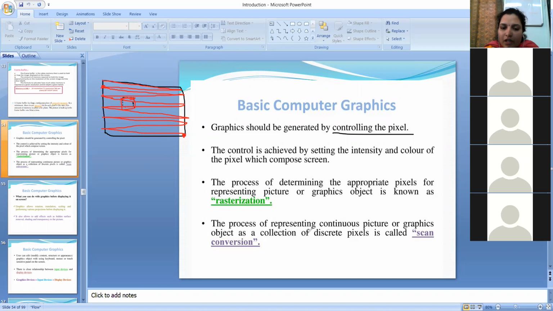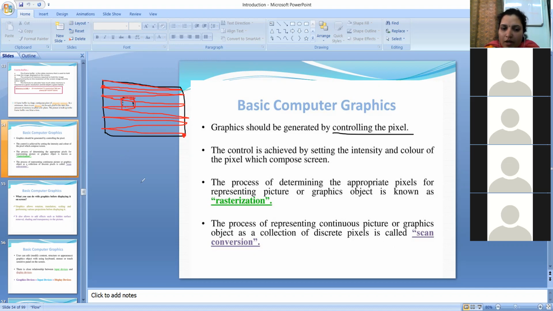The process of representing a continuous picture or graphics object as a collection of discrete pixels is called scan conversion. So if I want to draw any shape onto the screen, it is made up of pixels, right? If I want to draw any shape, then it is made up of certain pixels.